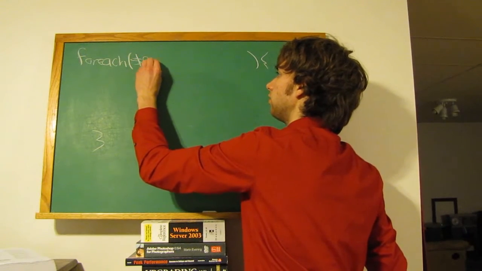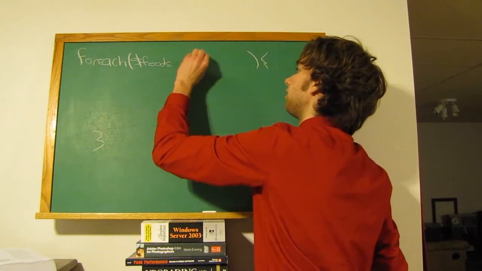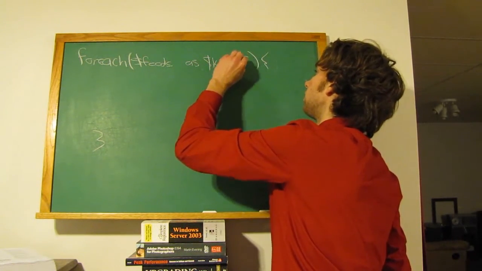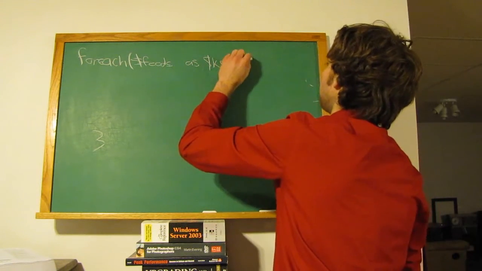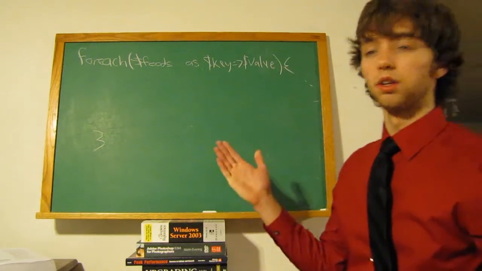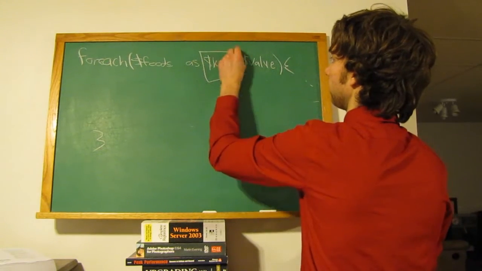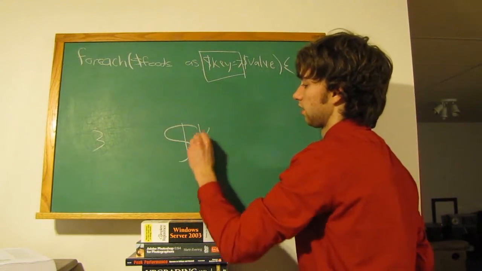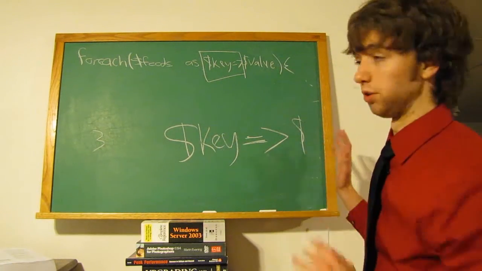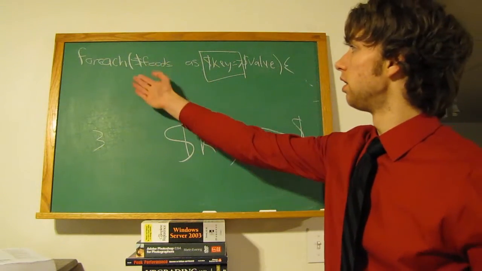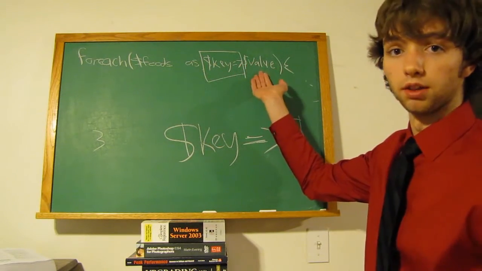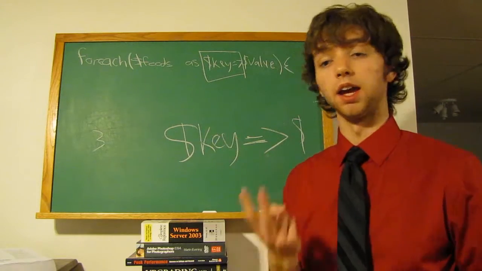So foods as, now we're going to have two variables, key and value. All right, so now you can see we have another thing in here, and that is the variable key, which points to the variable value. So now when we have it in this format, the array as variable pointing to another variable, that's going to give us the key and the value.